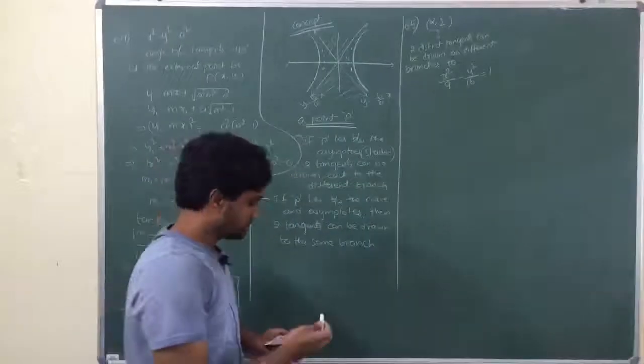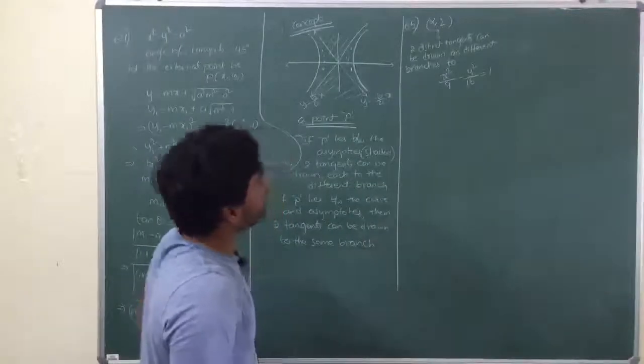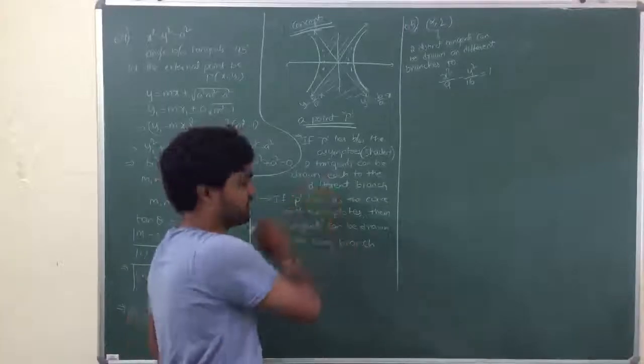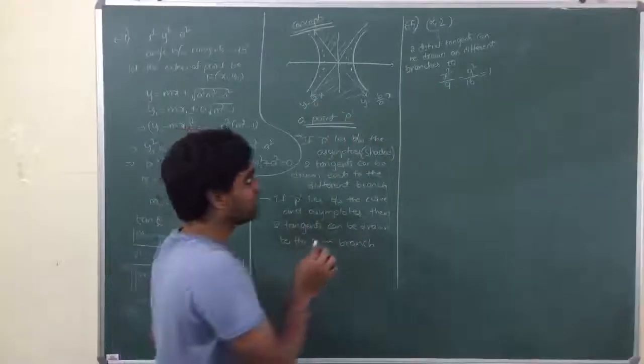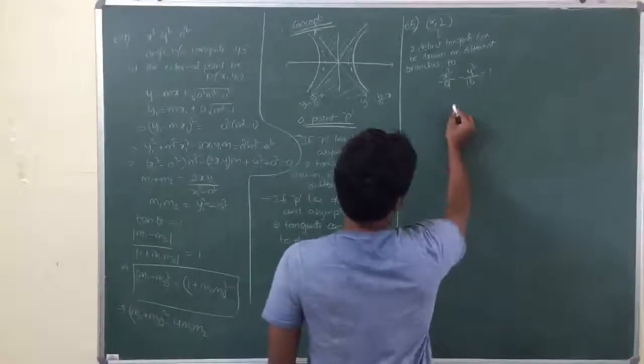Now, observe this very carefully. Two distinct tangents can be drawn on different branches, which means the point should lie between the asymptotes.